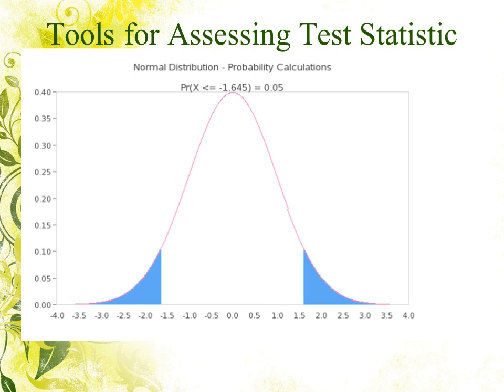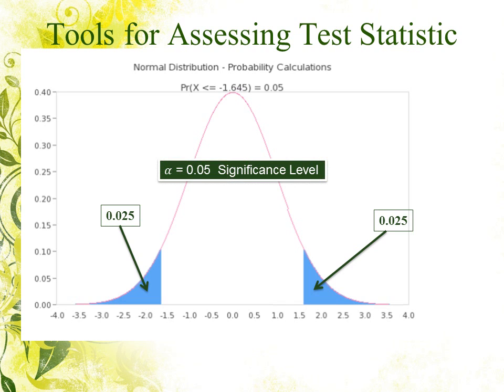So if our significance level was 0.05, then if we're talking about our normal distribution with two tails, as we were in the previous chapter, we would split that significance level up between the two tails. So here my significance level is 0.05, and I would have 0.025 in both of those tails.